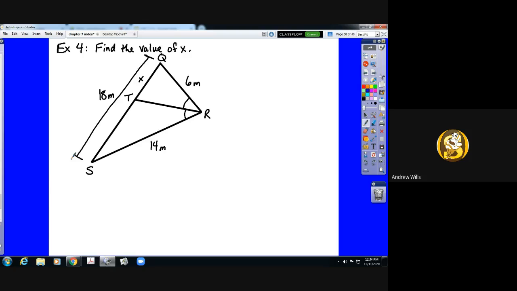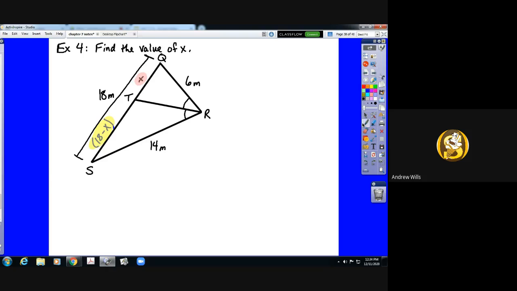If this distance is x from Q to T, and the entire length of this side is 18, then ST has to be 18 minus x. Now, when we go to set up our proportion, we have two pieces: 18 minus x is one of the two pieces of side QS, and the other piece is x.